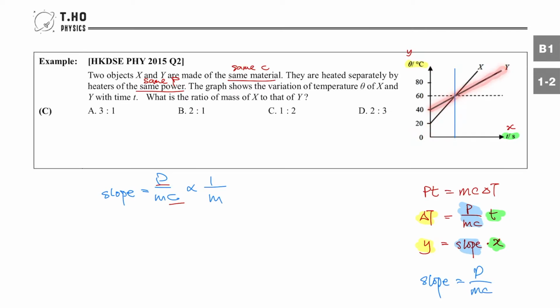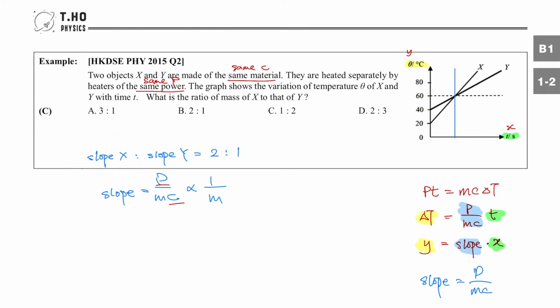And if you follow the curve of Y, you have just increased 20 degrees Celsius for the same period of time. So we can write down that slope of X to slope of Y is 2 to 1. X has double the slope of Y.